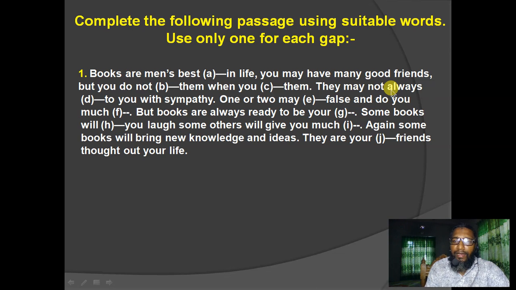They may not always dash to you with sympathy. One or two may dash false and do not much dash, but books are always ready to be your dash. Some books will dash you love, some others will give you much dash. Again, some books will bring you new knowledge and ideas. They are your dash friends throughout your life.